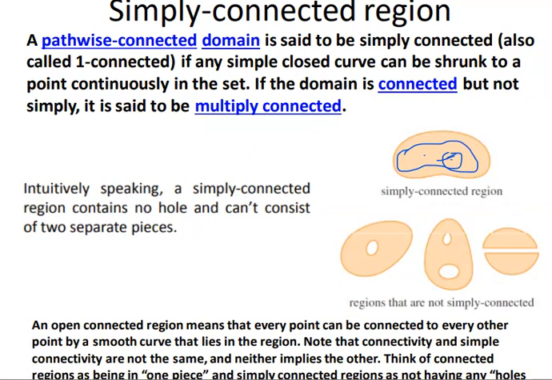If there is no hole, you can continuously shrink this closed path to a point very easily. These types of domains are called simply connected domains.